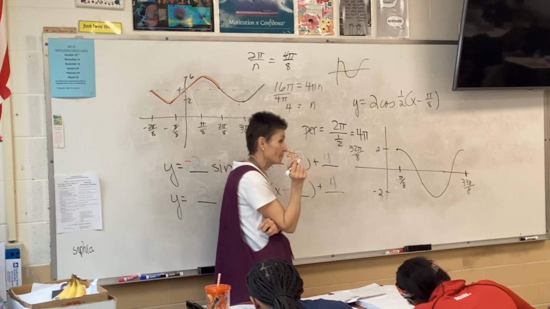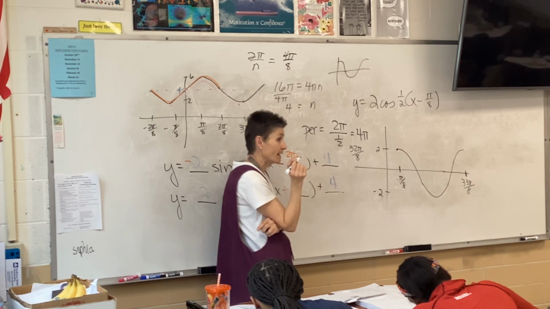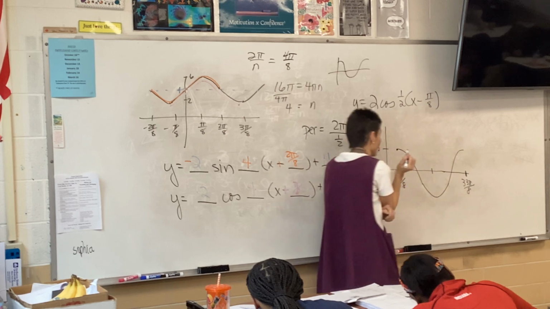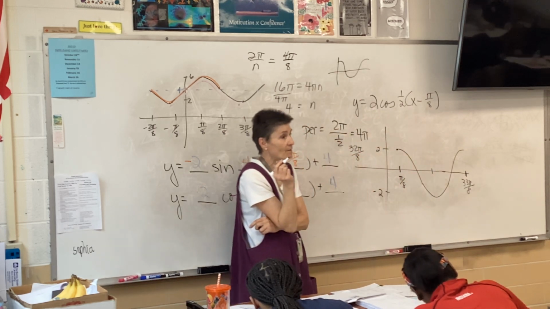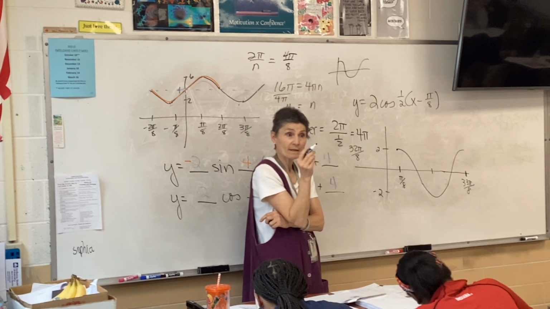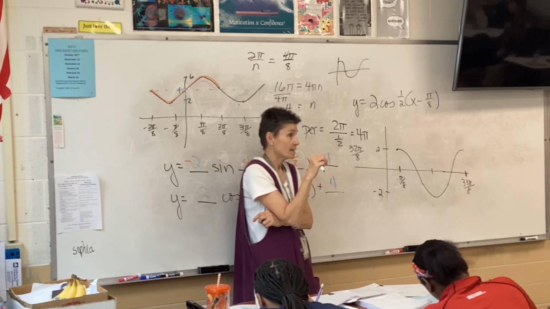Why what? Period is distance from beginning to end. Right in the middle of 1 and 33 is what? Well, 1 and 33 is 34, divided by 2 is 17.